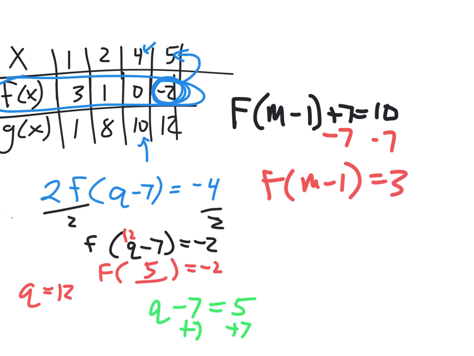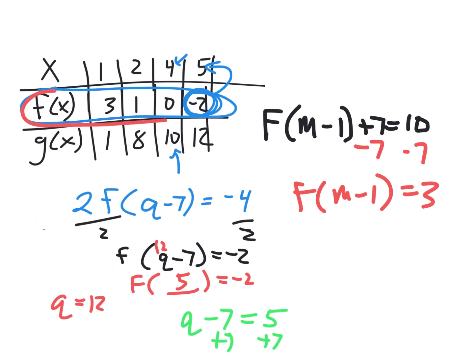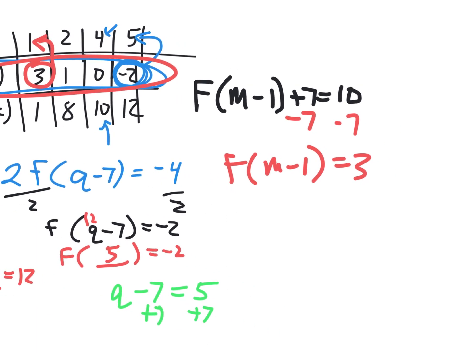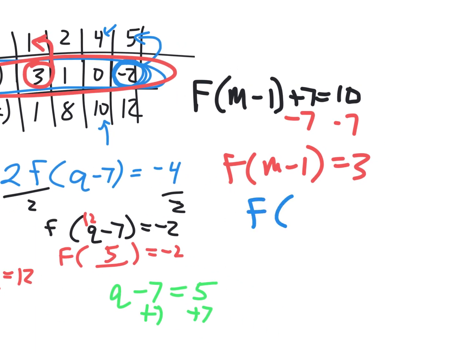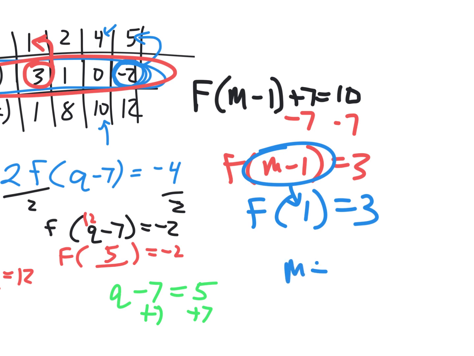And then you look at the f's, and you say f of something is 3. Oh, there's an important spot. F of what is 3? Oh, f of 1 is 3. So you write that underneath. And then you ask yourself, if m minus 1 has to be 1, what does m have to be? 2 is correct.